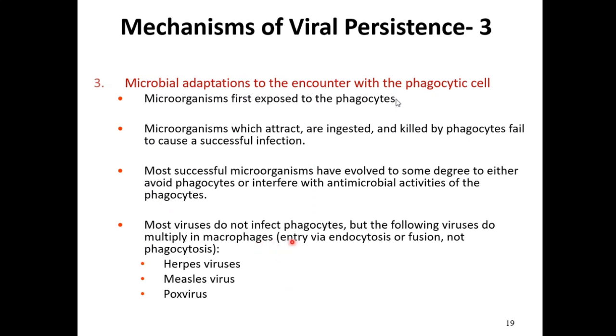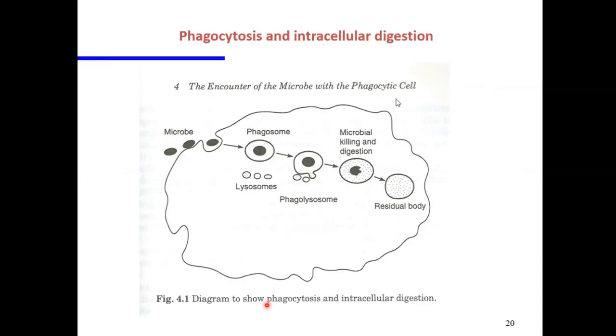Most viruses do not infect phagocytes, but the following viruses can also multiply within the phagocyte. Entry is via endocytosis or fusion, not phagocytosis. The phagocytes are behaving like other host tissue cells, and the virus can just get in and replicate inside the macrophages, killing them, so we end up with immunosuppression.